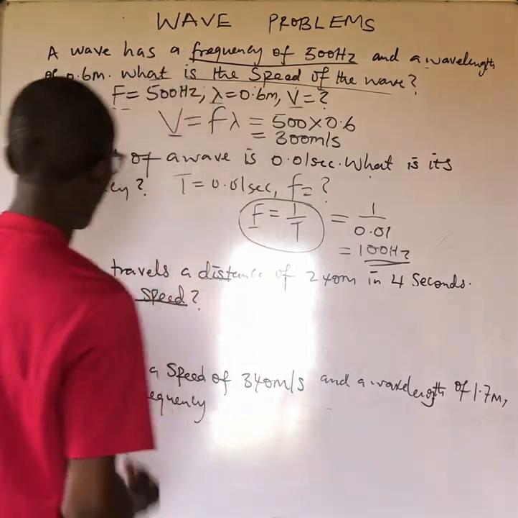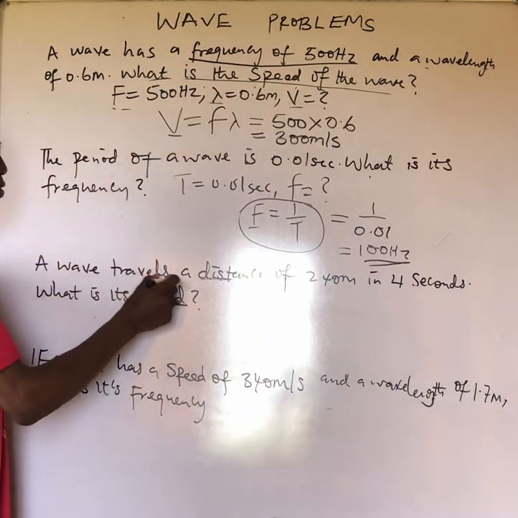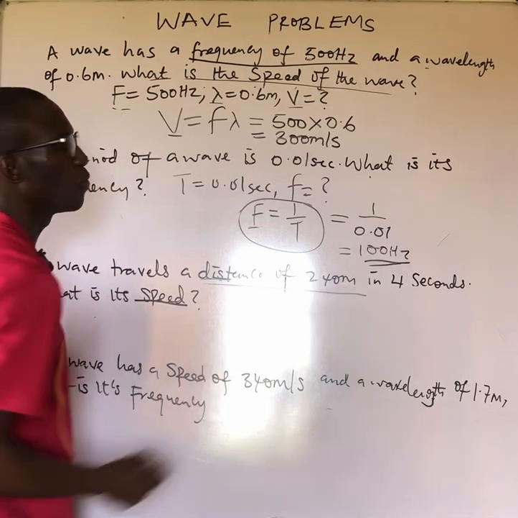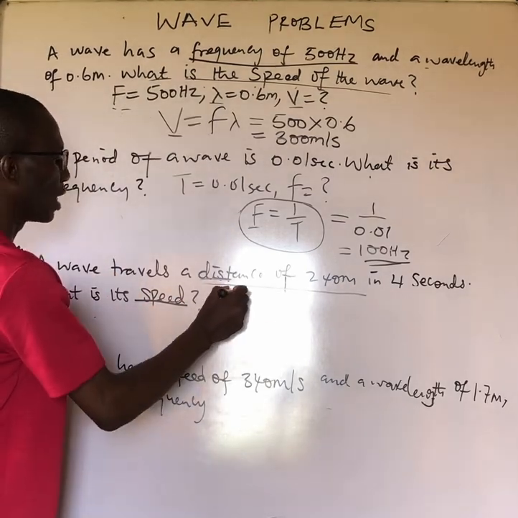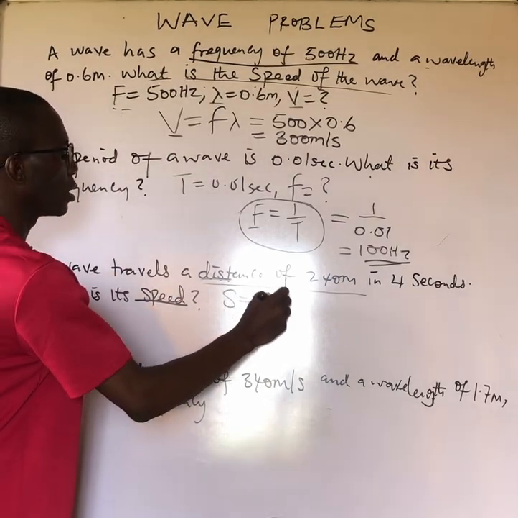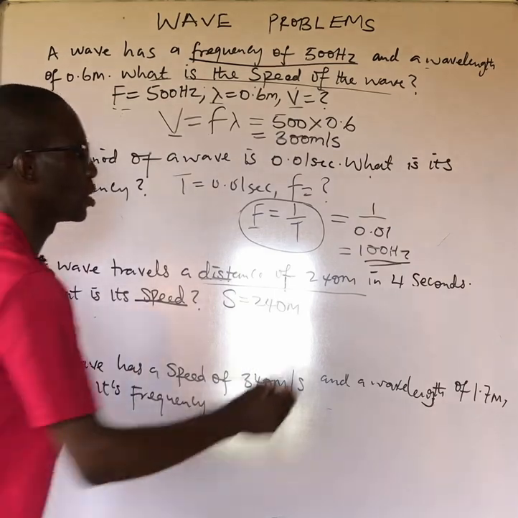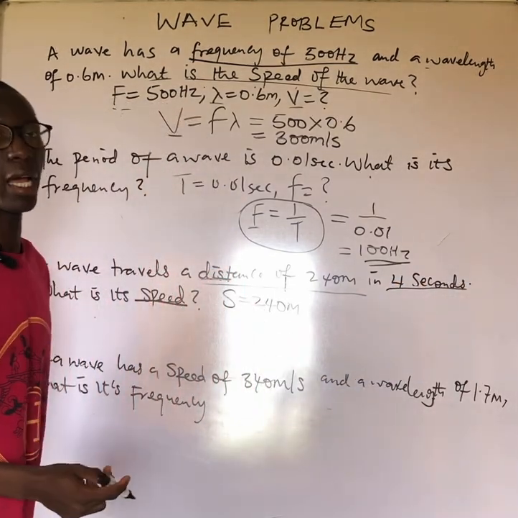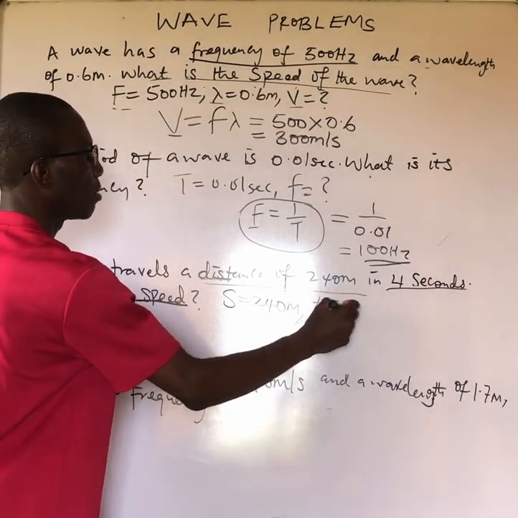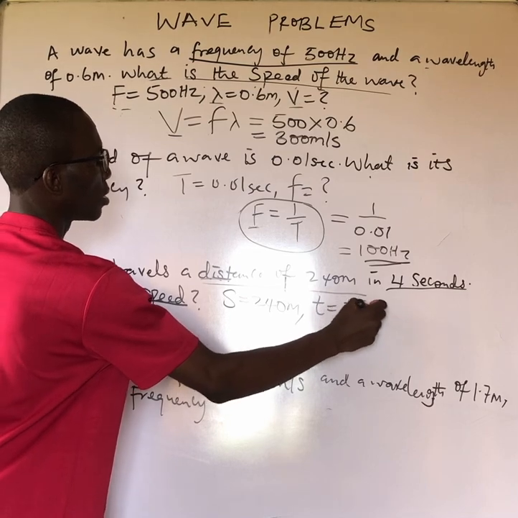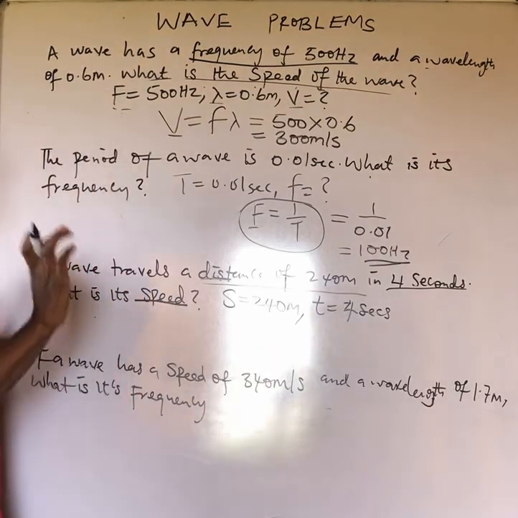Let's look at the third question. A wave travels a distance of 240 meter in 4 seconds. So the distance is 240 meter, and the time is 4 seconds. What is its speed?